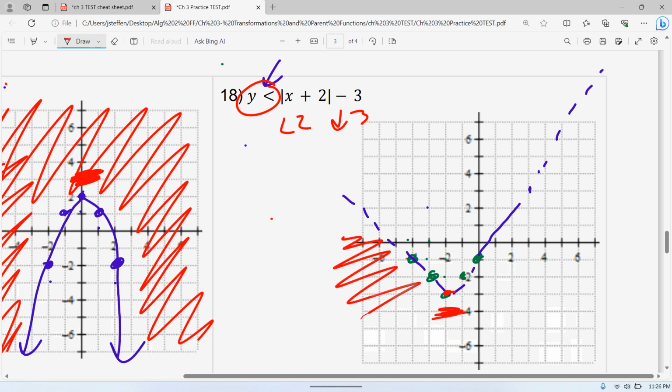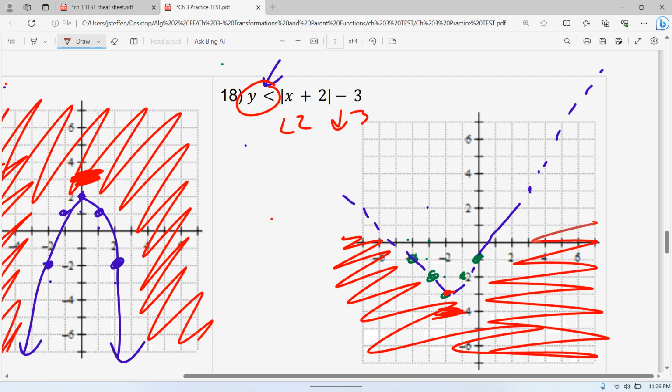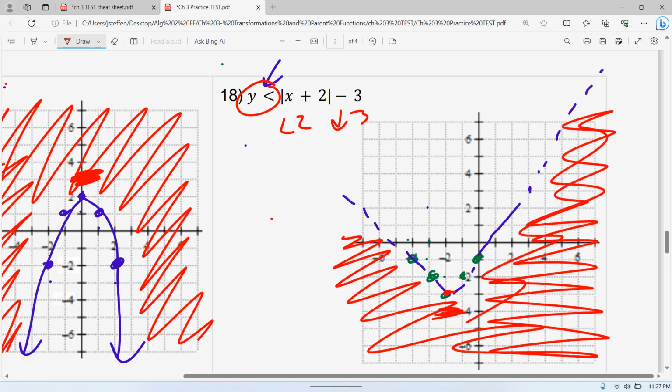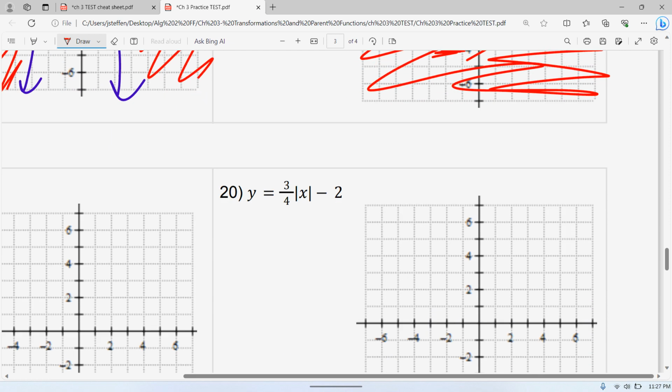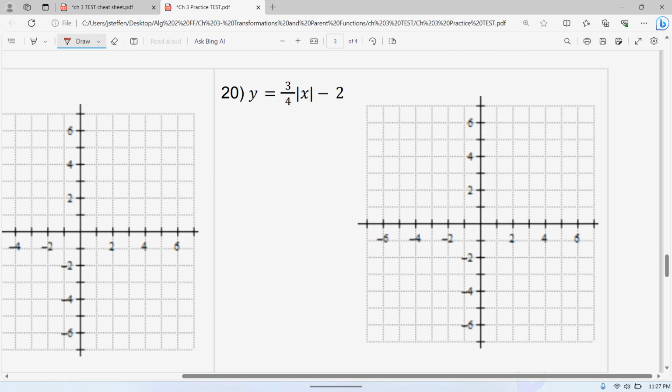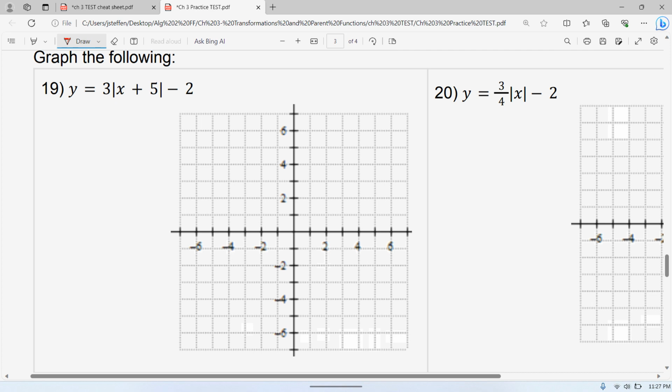Then the slope is 3 over 1: to the right, up 3 over 1. To get the left side, do that slope to your left. But remember, we can do it the same way we did all these other ones.